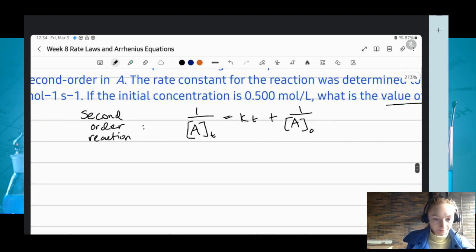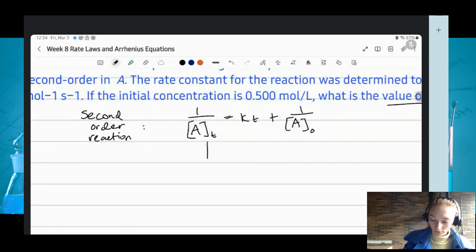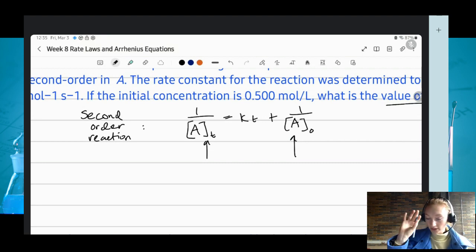So let's do that. I can just jump to it right away, but I'll show you what I do. So we have the 1 over A_t here, and I'm just going to subtract this over there. I'm actually going to switch it, so when I'm solving, the K will be on the left. It's weird when what you're solving for is on the right.